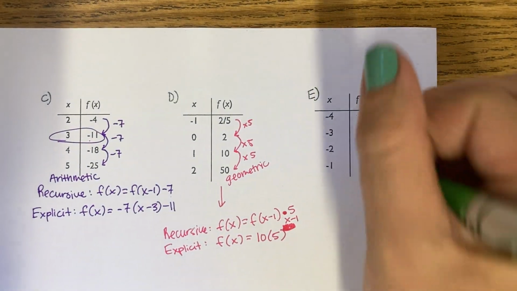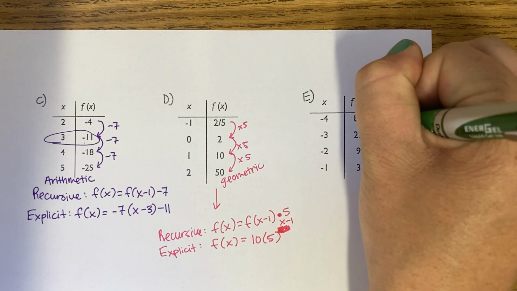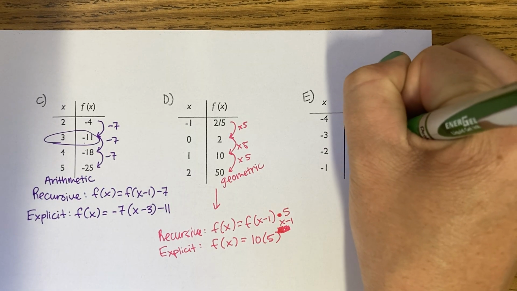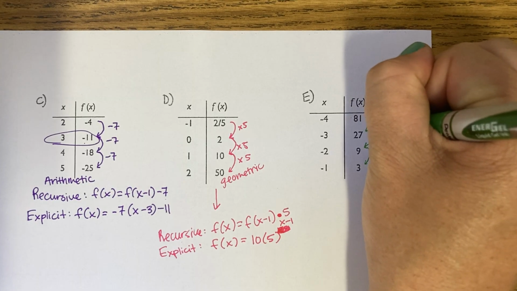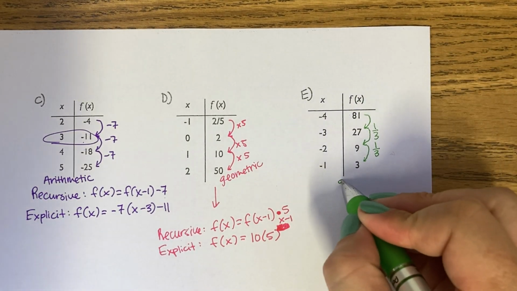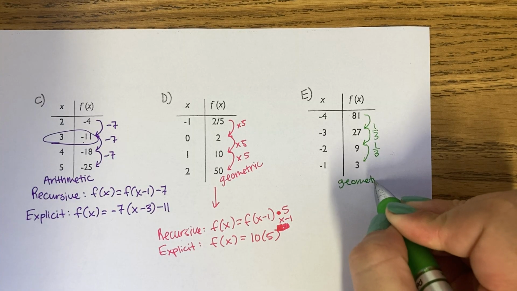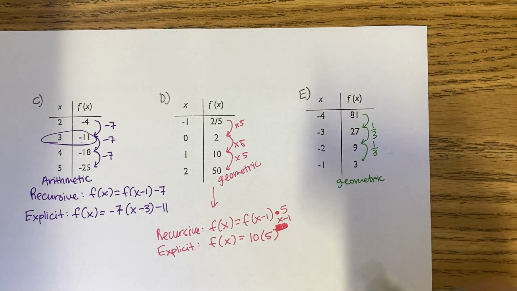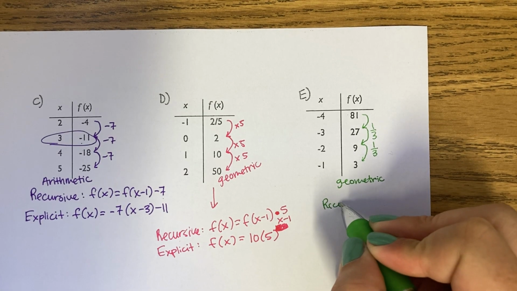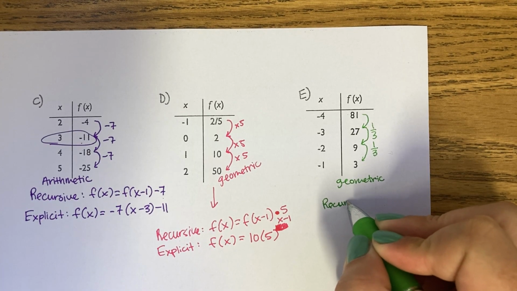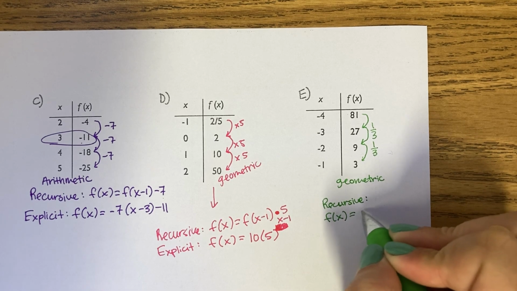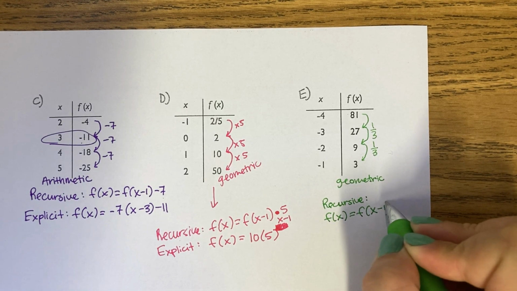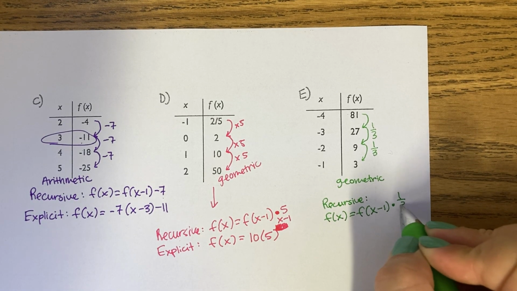Okay, next one, we're looking at 81, 27, 9, 3. That's 1/3. It's dividing by 3 each step. Geometric. Recursive would be f of x equals f of x minus 1 times by 1/3.